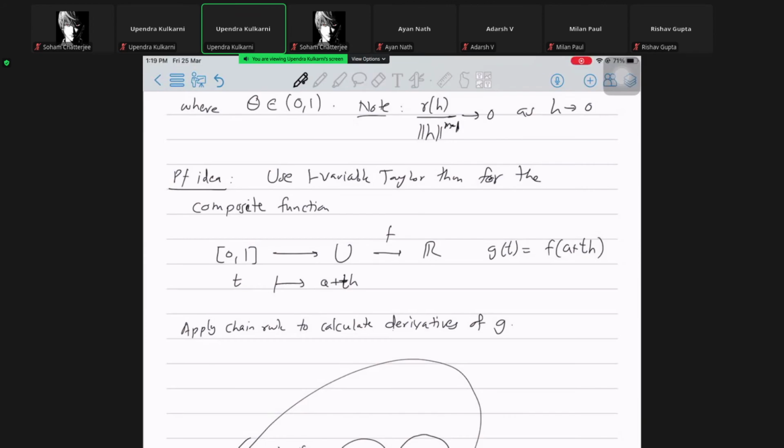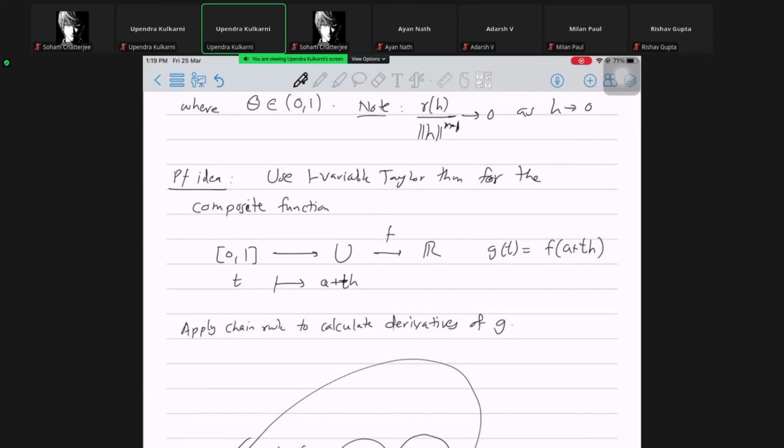Or what can happen is that the total derivative exists and therefore the partial derivatives also exist, but the function is not C1. That is, the derivative is not continuous.